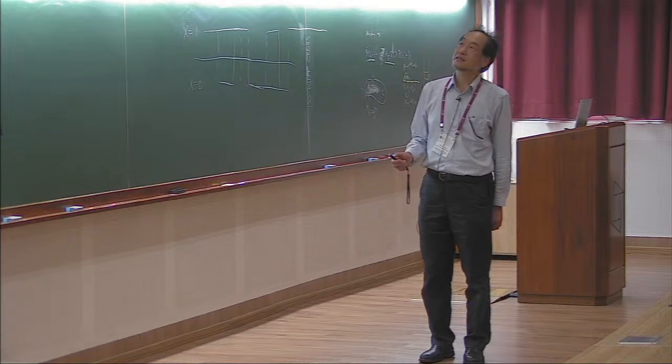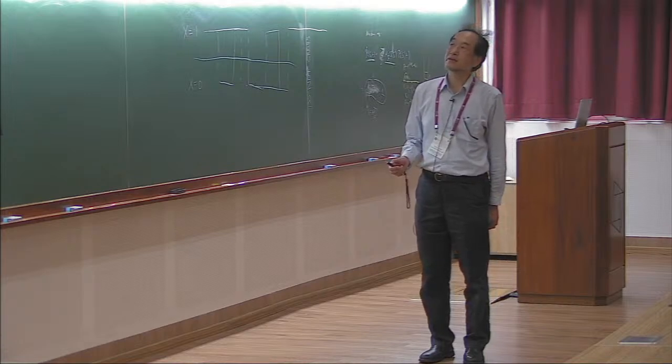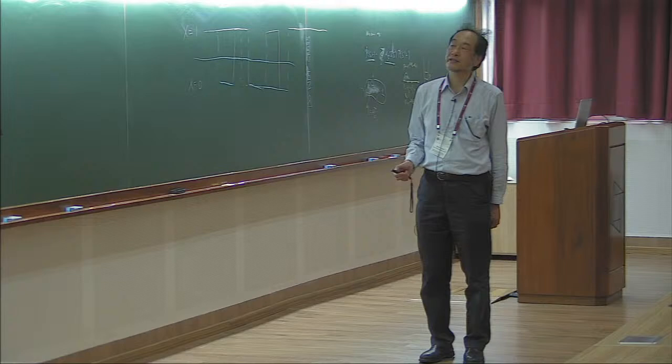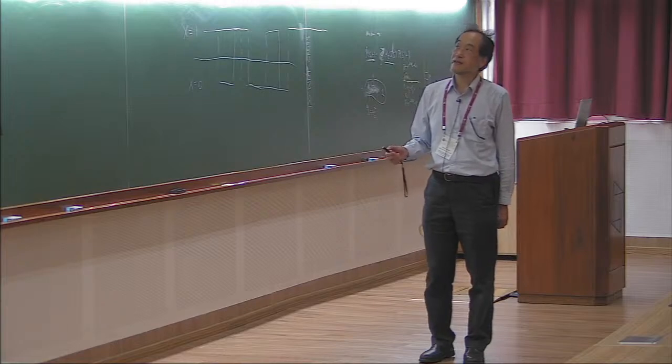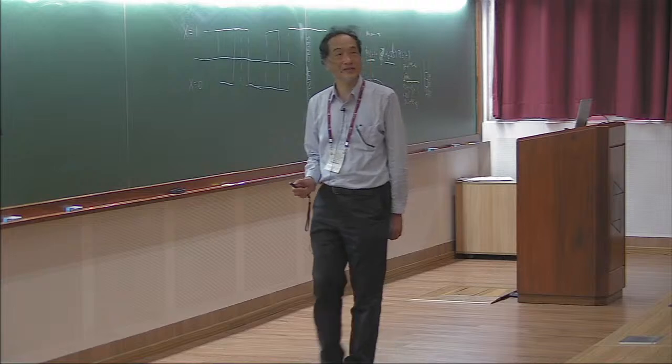And the product protein forms dimers, and this dimer works as a repressor with the binding rate H and unbinding constant F. And this binding rate H is a function of the amount of the protein.